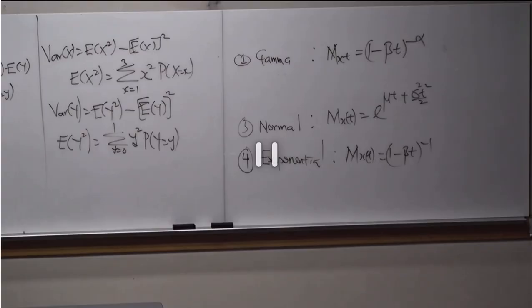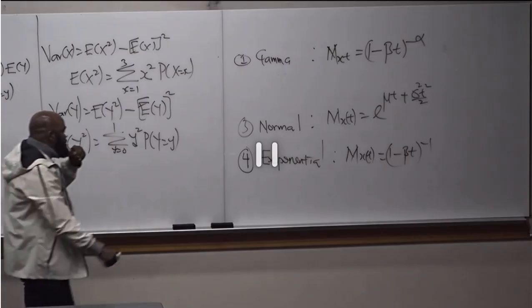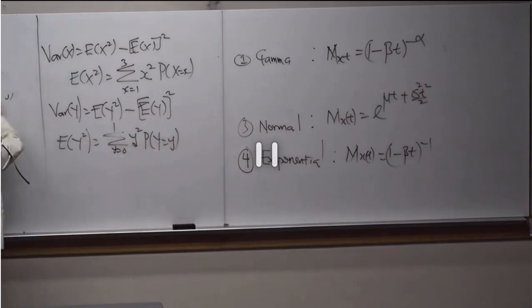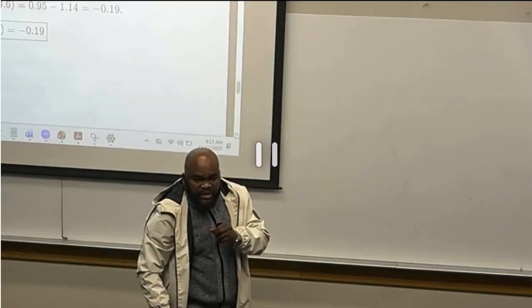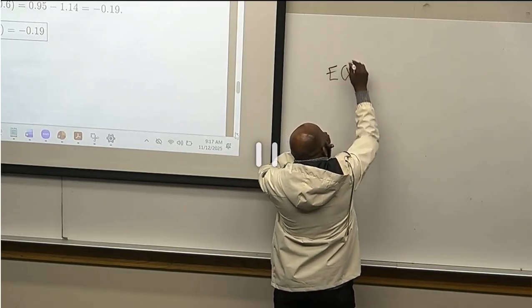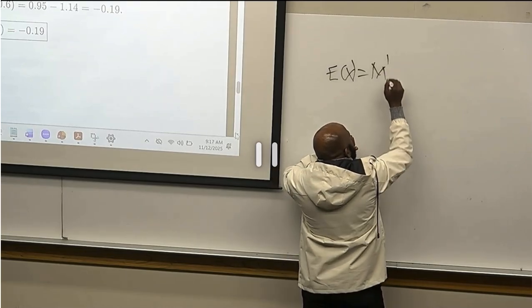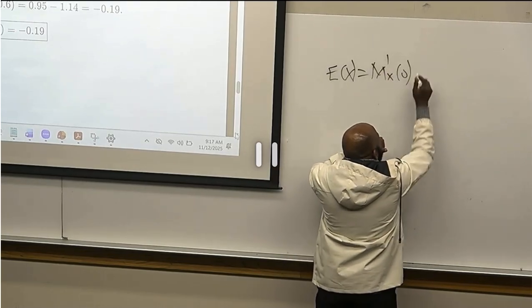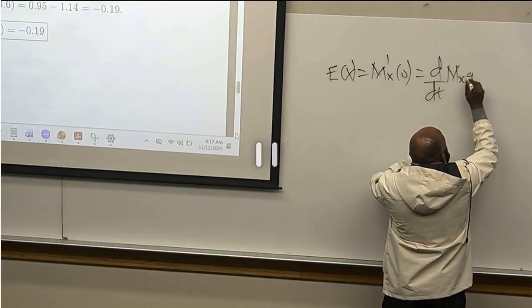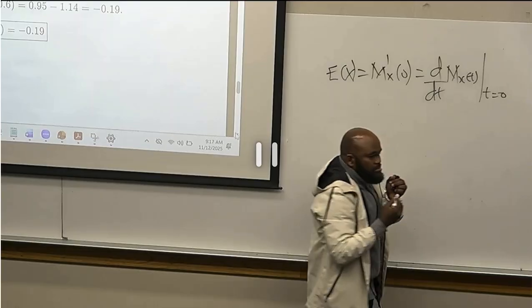If you want to derive the mean and variance from any given moment generating function, the mean is M prime of X at 0, which is the same as d/dt of M_X(t) at t equal to 0.